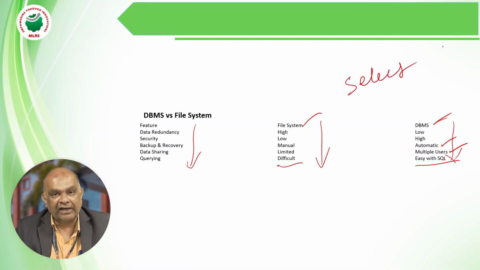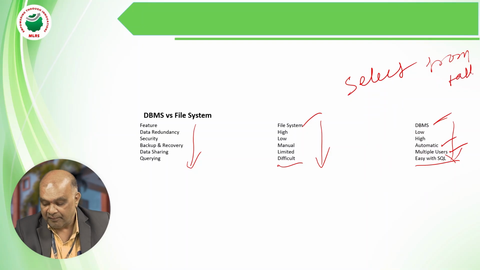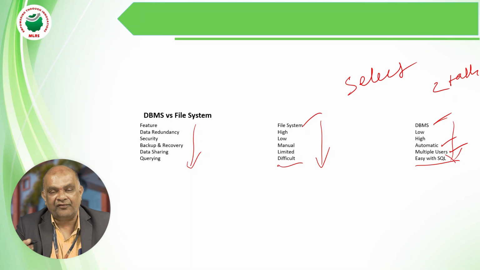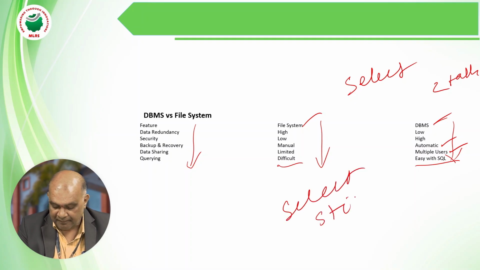because we are going to use the select command. We are going to use select, which is a DDL language, then from, then the table name: select from table name. What do you want to select? If I say select star, then it is going to select all the column names. If I want to select only the student ID, I will write select student ID from student.